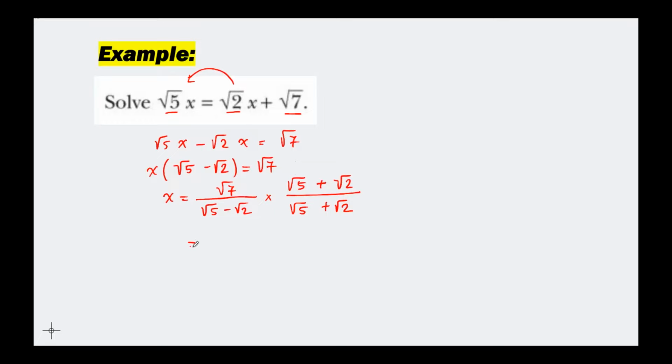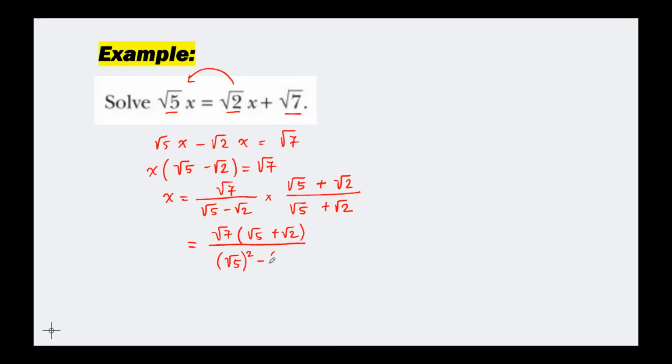Therefore, your x will be square root of 7 times square root of 5 plus square root of 2. For the denominator, recall again the difference of two squares. When you multiply the number by its conjugate, it's the same as the difference of two squares.